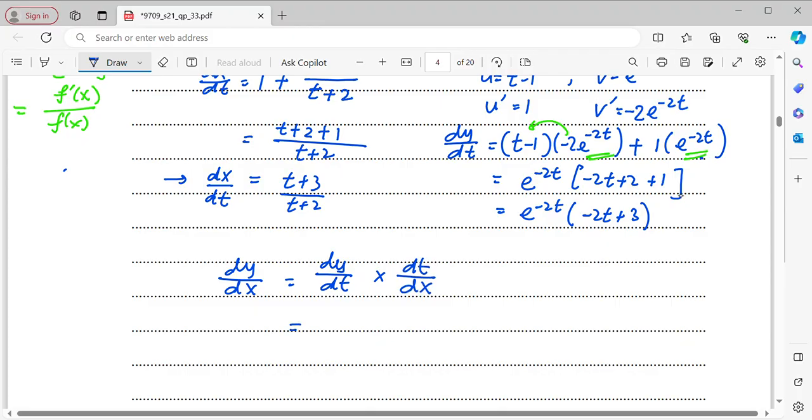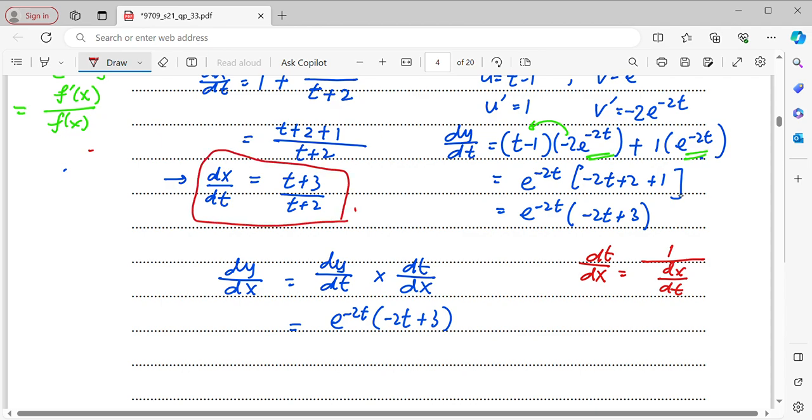So dy/dt is e to the negative 2t times (negative 2t plus 3). Now for your information, dt/dx is the same as 1 over dx/dt. So now this is our dx/dt.